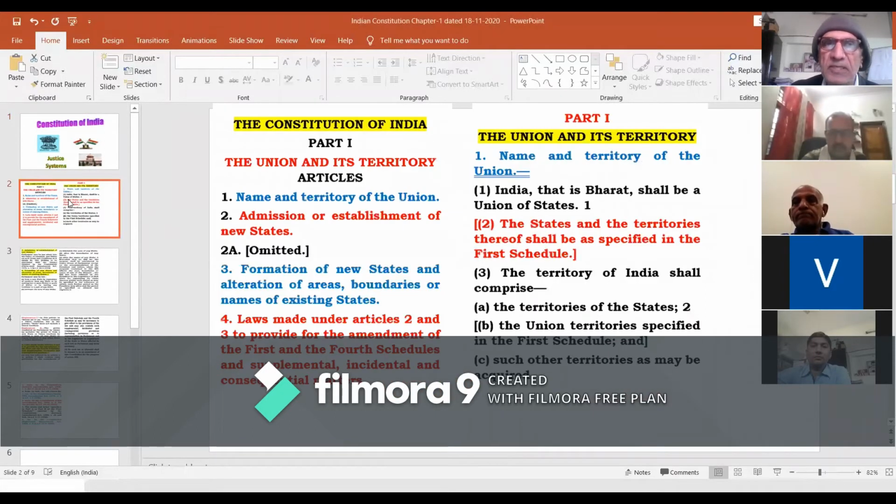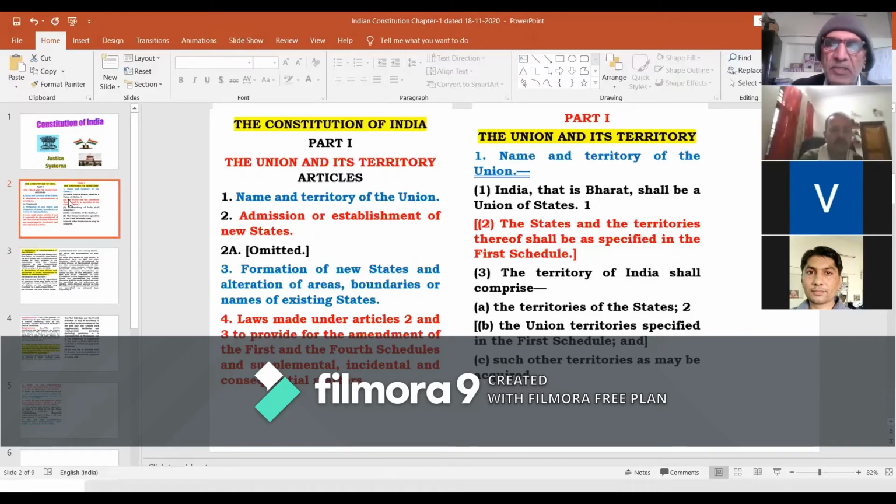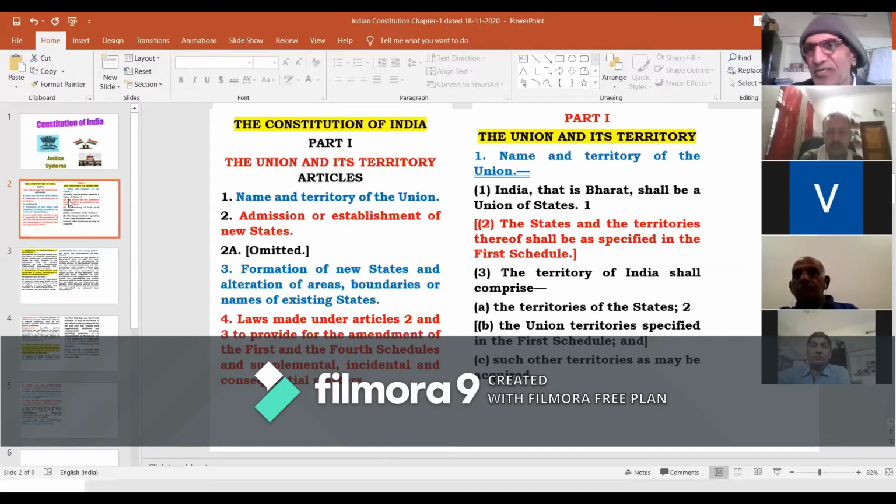The Constitution of India is divided into different parts. Part 1 is the Union and its territory. This part has 4 articles. These provisions in the Constitution are designated as articles, while in statutes and other laws, these are designated as sections.